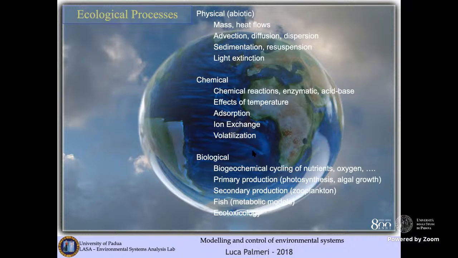And then the final part of this class will be devoted to describing models employed for formalizing biological processes. So we'll discuss biogeochemical cycling of nutrients, oxygen, and so on. We will discuss primary production models like photosynthesis, algal growth, and so on.